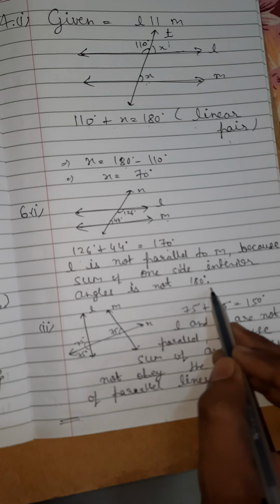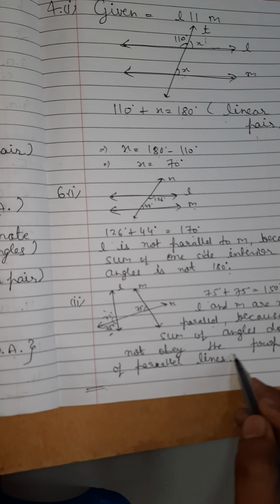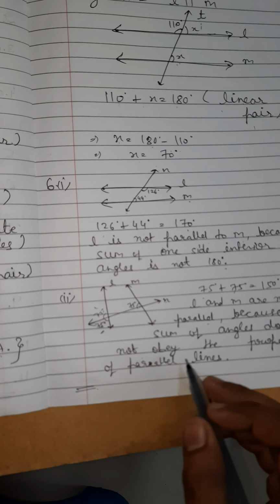Then the sum of both the angles, 75 plus 75, is 150 degrees. But it is compulsory that with linear pair the sum of these angles is 180 degrees. Then L and M are not parallel because the sum of angles does not obey the property of parallel lines.